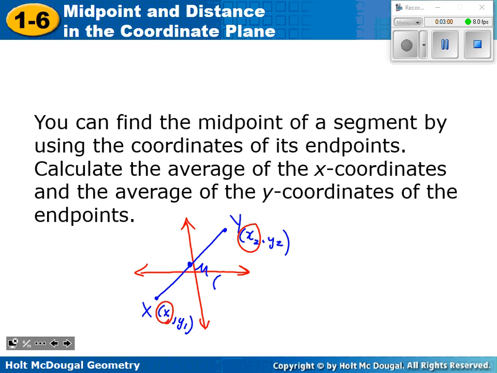So my midpoint formula here would just simply be x1 plus x2, and I would divide by 2, comma, and then to find the y value of my midpoint, I would do the same thing, but I would do it with my y values. I would simply add the 2 extreme y values, y1 plus y2, and then divide it by 2.